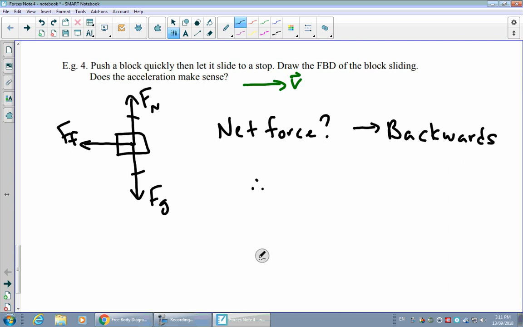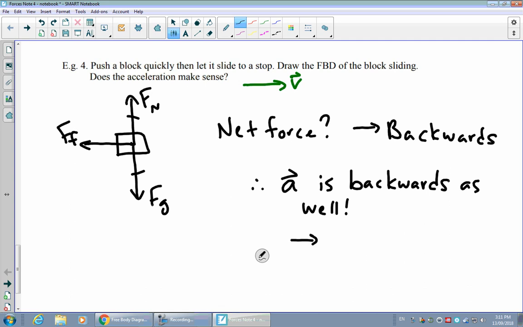It's telling us that therefore the acceleration is backwards as well. So what does that mean? An acceleration that's in the backwards direction? Well, specifically it means that the object is slowing down.